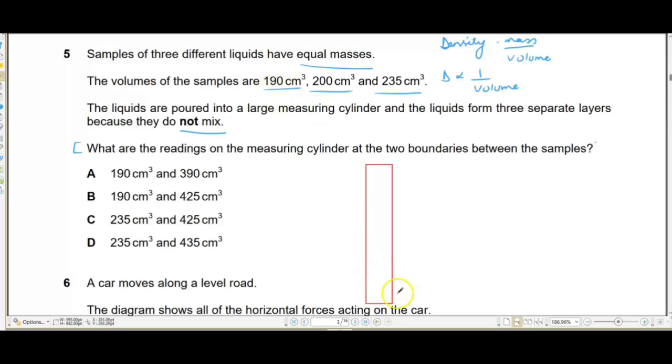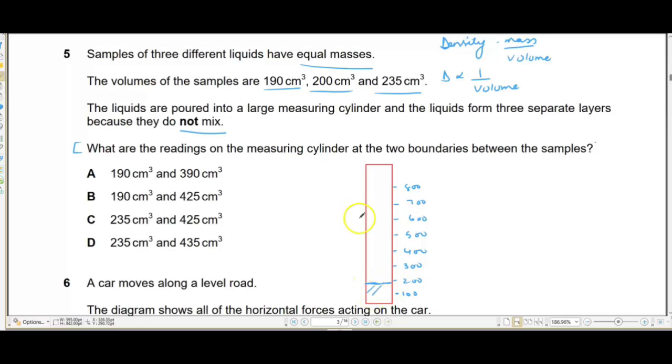So if we have 100, 200, 300, 400, 500, 600, these markings on the measuring cylinder, then 190 is going to be occupied with this liquid, almost up till here.